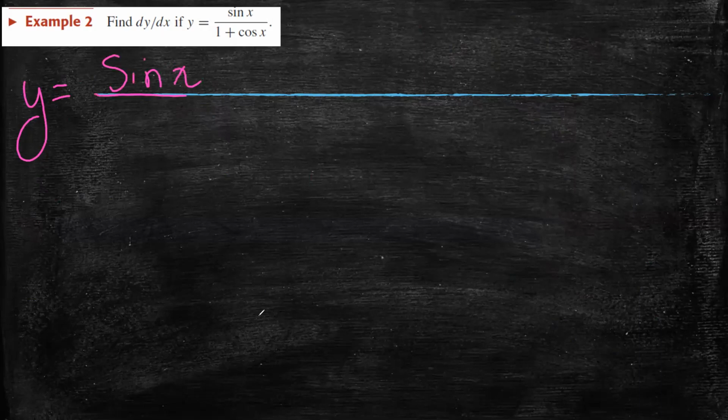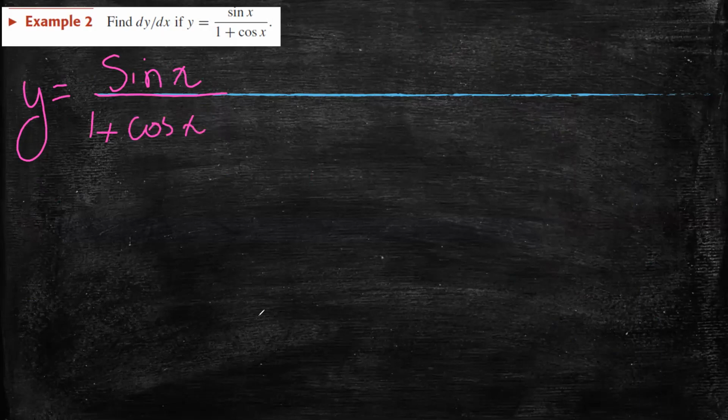What is dy over dx if y is sine x over 1 plus cosine x? Here y is sine x over 1 plus cosine x.